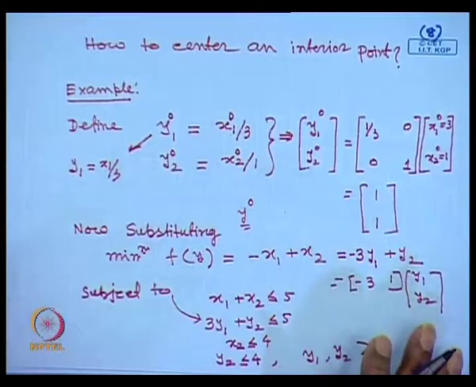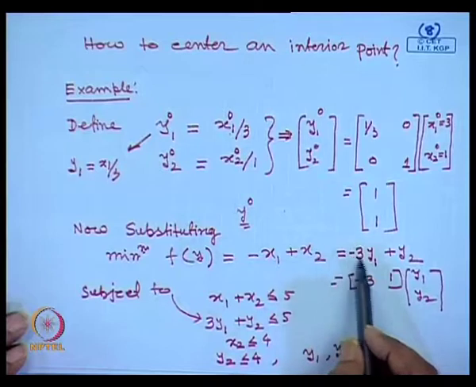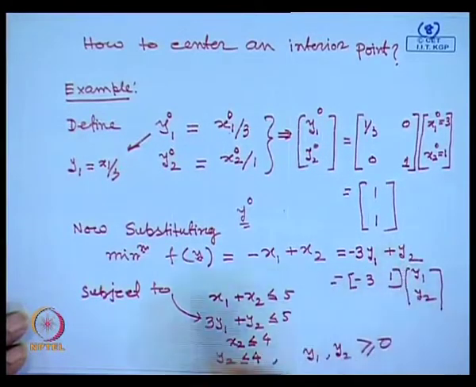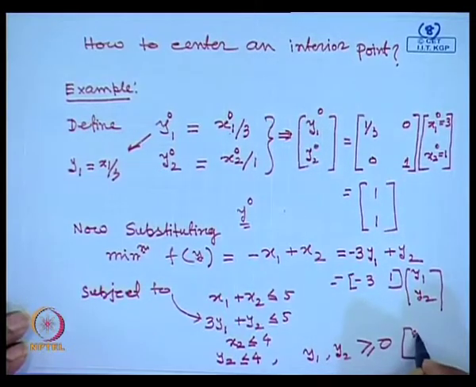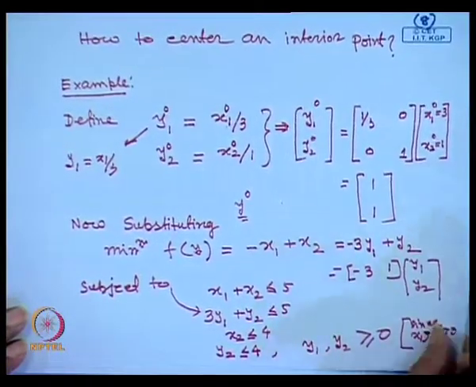So, in the transformed coordinate axis, we can say minimize f of y, the objective is minus 3 y 1 plus y 2, subject to the inequality constraint 3 y 1 plus y 2 less than or equal to 5, another inequality constraint y 2 less than or equal to 4, and y 1, y 2 greater than or equal to 0. Why is it greater than or equal to 0? Since x 1 and x 2 are greater than or equal to 0, that is why y 1 and y 2 are greater than or equal to 0.